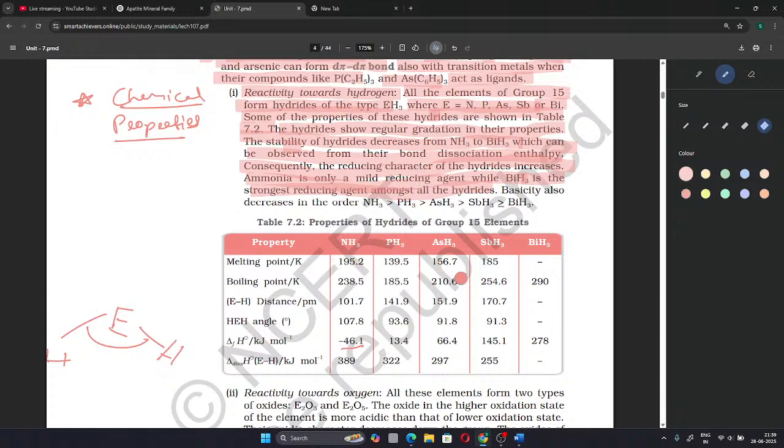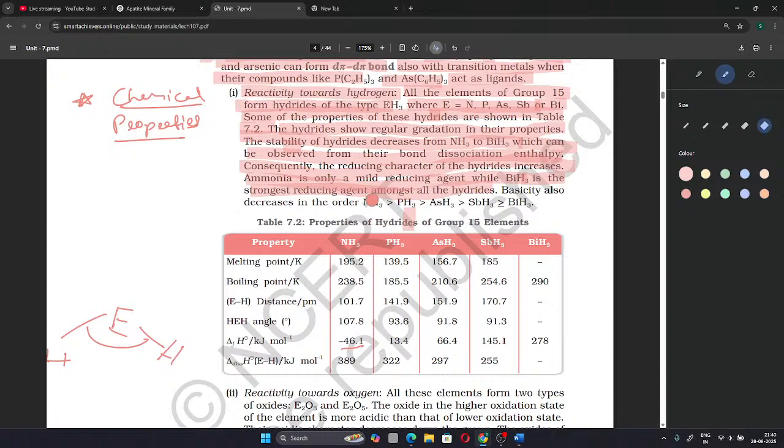NH3 having the highest basicity, but I think it is in case of accepting protons as well, because we saw that NH3 is a mild reducing agent, which means it can't easily give electrons. If that was the case, BiH3 should be the most basic, but that is not the case, where NH3 is the most basic.